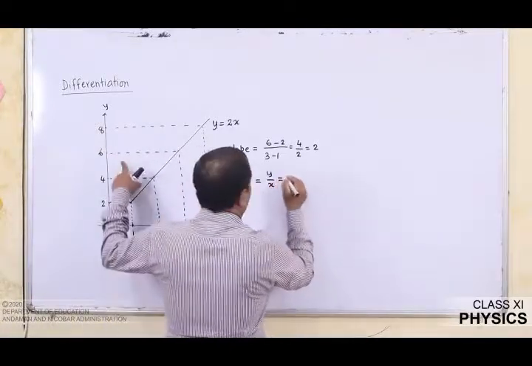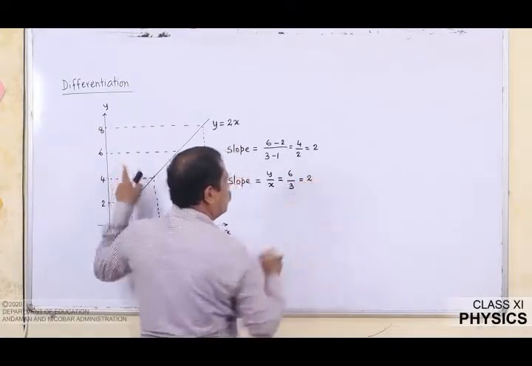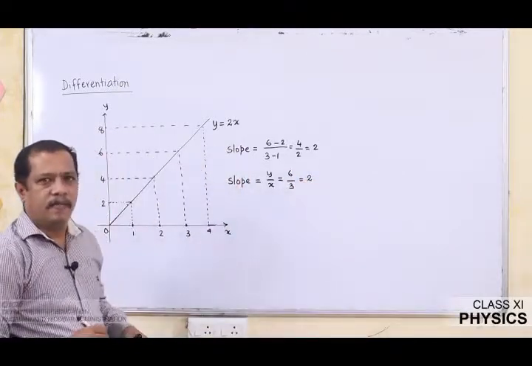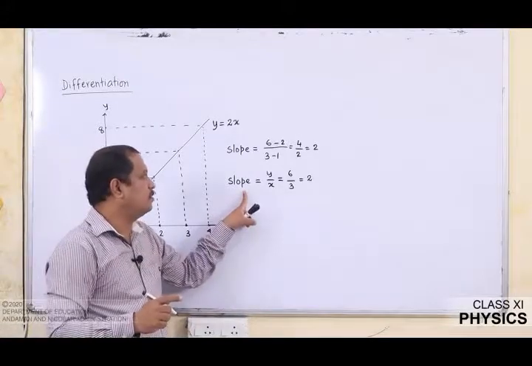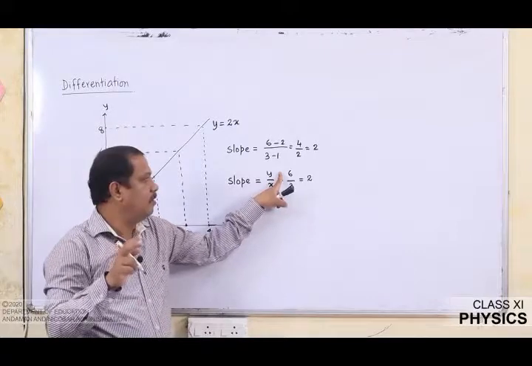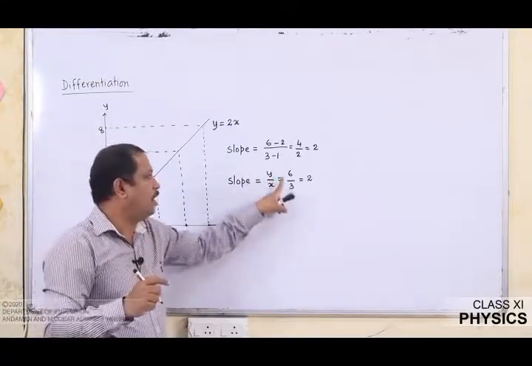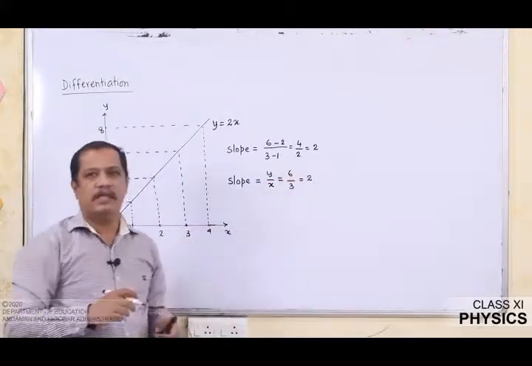So, y is 6 and x is 3, once again I get 2. However, the formula for calculating slope is y2 minus y1 upon x2 minus x1, so I should have two values at the numerator and two values at the denominator, but I have taken only one value, and again I am getting the same slope.